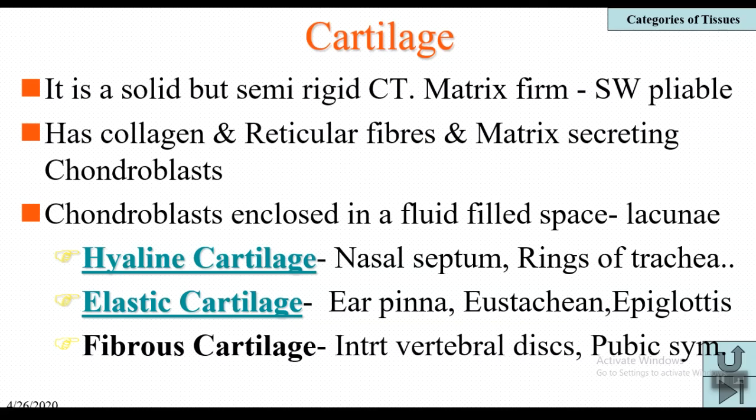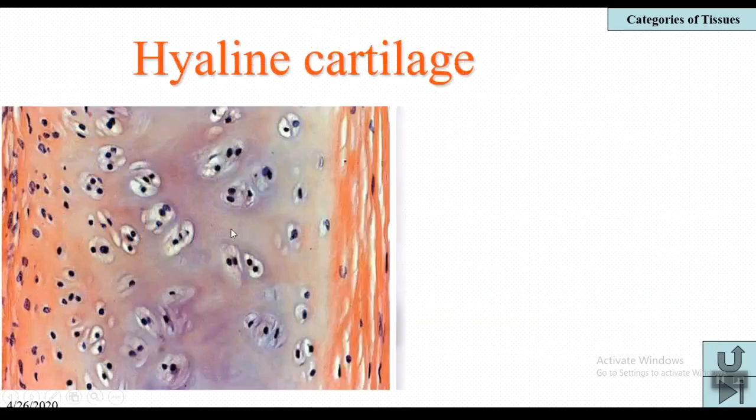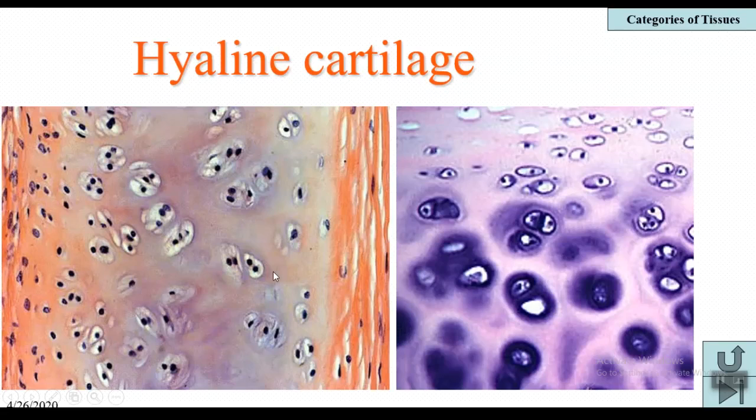Cartilage is divided majorly into three types. The hyaline cartilage. Hyaline cartilage is a glass-like cartilage. It looks like glass, and it is a bluish-white translucent cartilage. It is a delicate cartilage and the weakest cartilage.